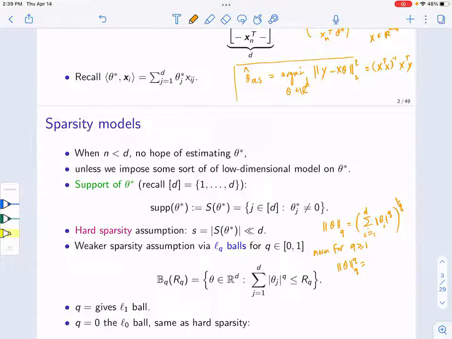We might not know S, but let's say even if I give you S, how should you go about it?